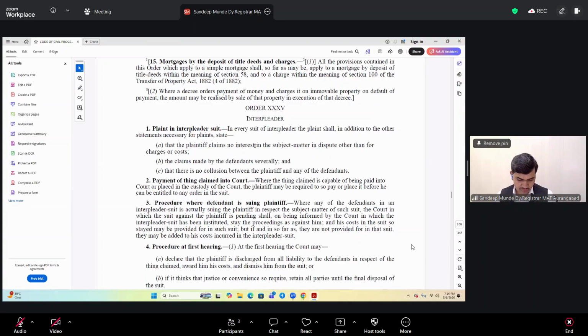Provided that where any suit is pending in which the rights of all the parties can properly be decided, no such suit of interpleader shall be instituted.